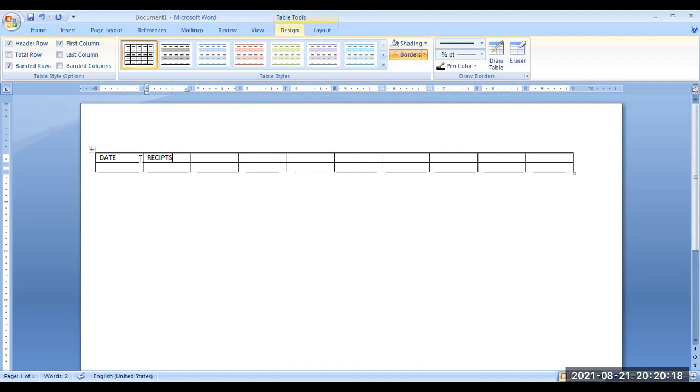Receipts. Okay. Next. LF number. Okay. Cash. Next. Date. Then payments. Is it correct?